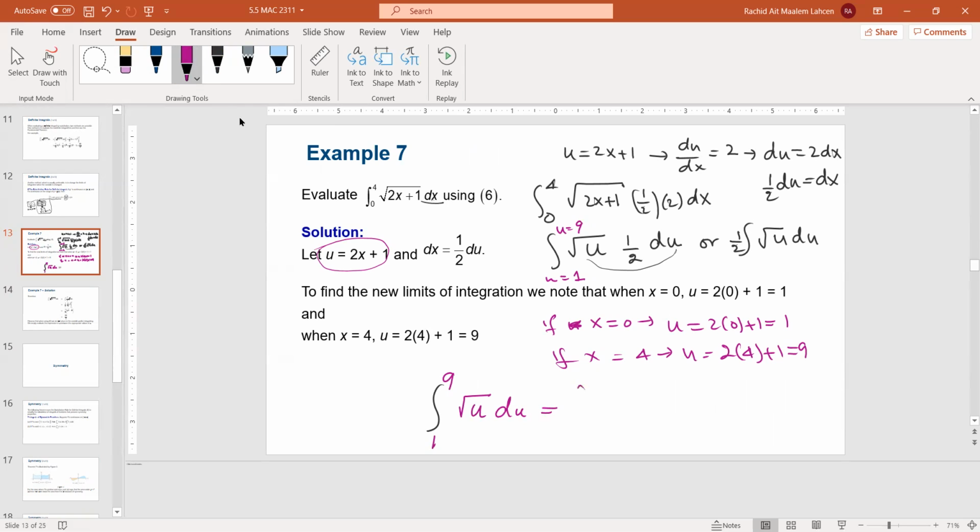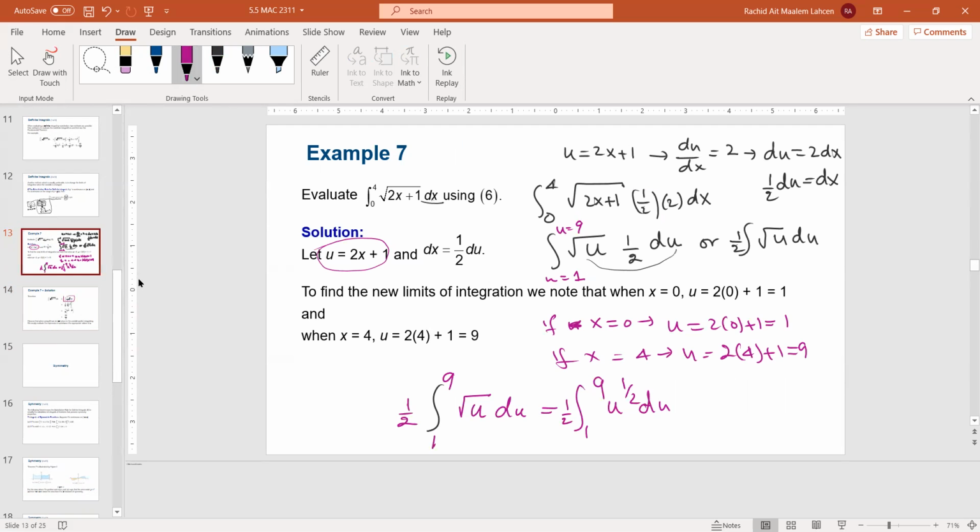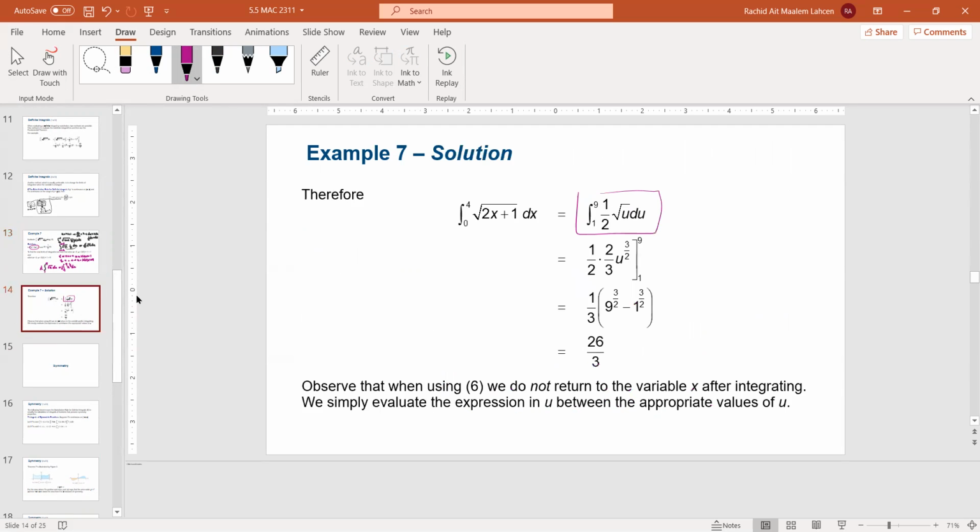And that's going to be the integral from 1 to 9 of u to the 1/2 du, right? And now that's a good picture. And we can go ahead and figure out the antiderivative to this.